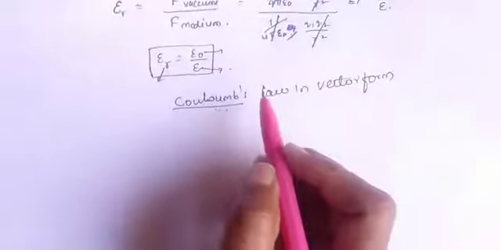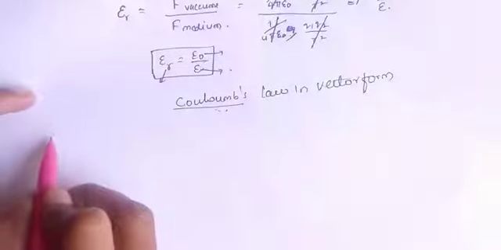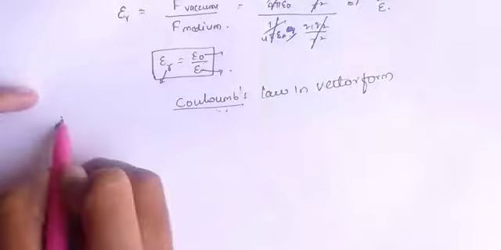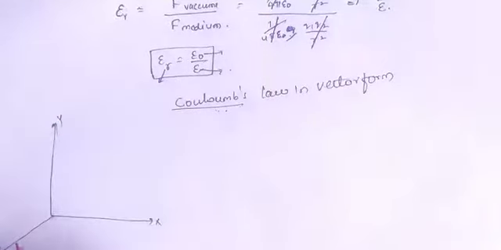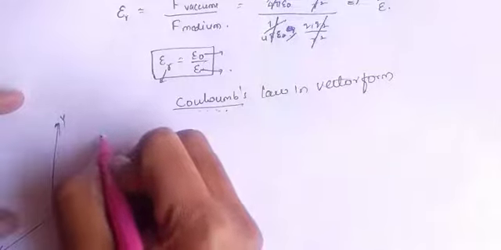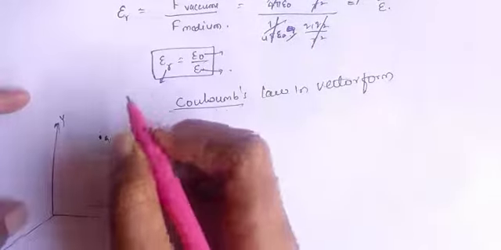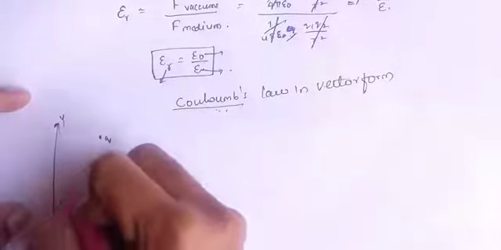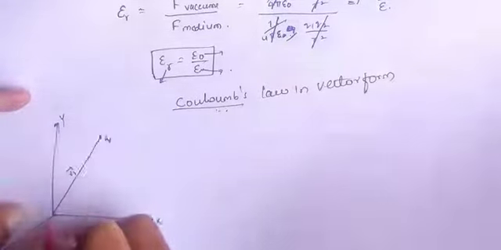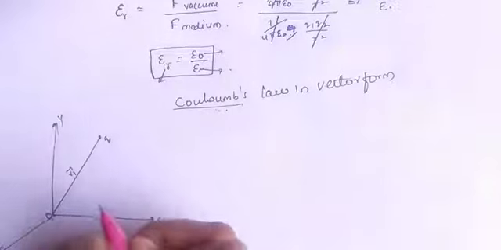For the vector form, we have three coordinates: x, y and z. Let us consider one charge, q1, at some distance r1 from the origin. This is the origin point.